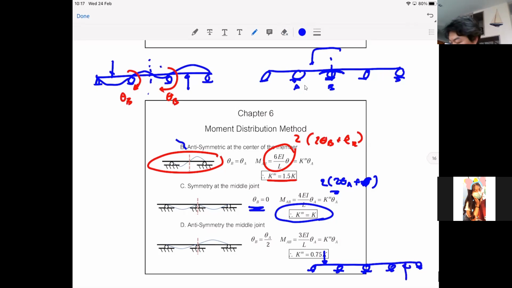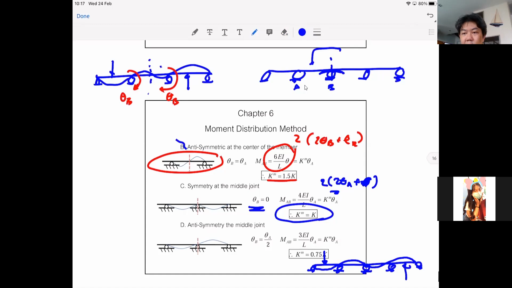And this time, your curve looks like that. This goes up, comes down, goes up, like that. The picture is a little bit different, but you get the idea, right? So this time, it's just like the typical slope deflection.